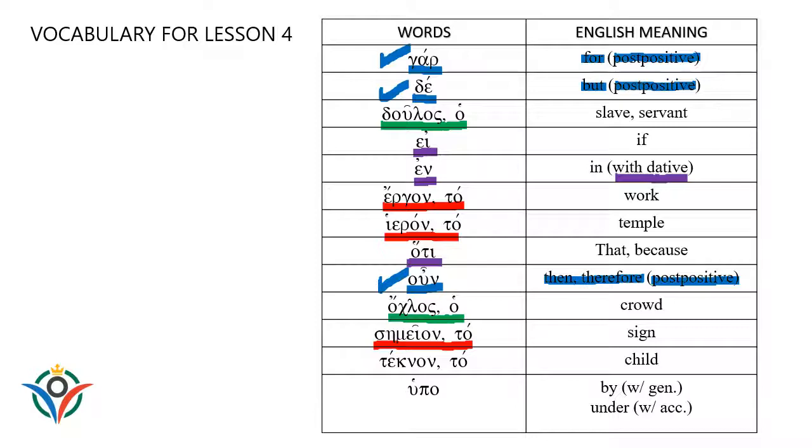And then you should be familiar with the next one. Teknon is child. And then finally we finish with a preposition, huper, and that can mean by, in the if it's in the genitive, and under if it has an object in the accusative. Right, so just be aware of those two alternatives there.